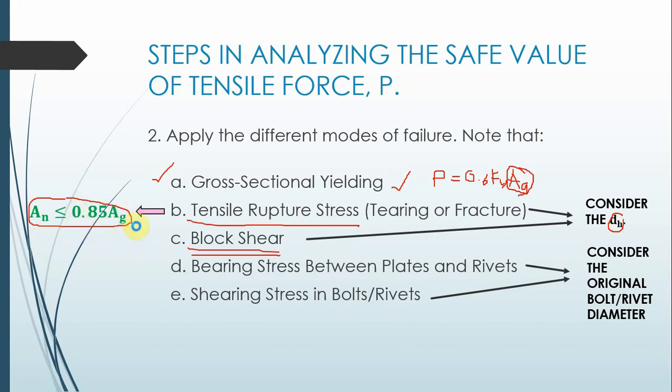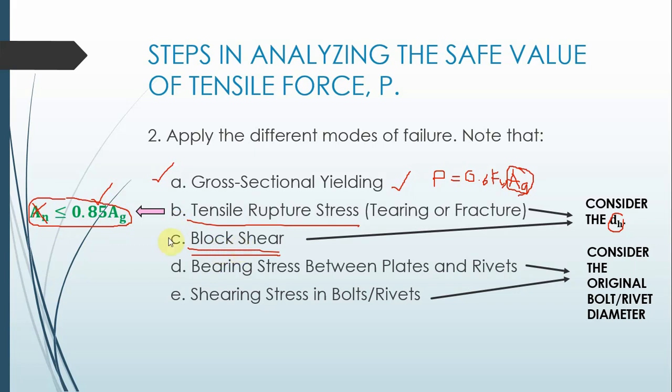Meaning, what we use is 0.85 A sub G, not A sub N. So there is a need, and it is very important, to compare them, so that whichever is smaller is the one used. Especially if you follow what we call unstaggered bolt connection in succeeding rows, it falls here. That is why we need to compare them.